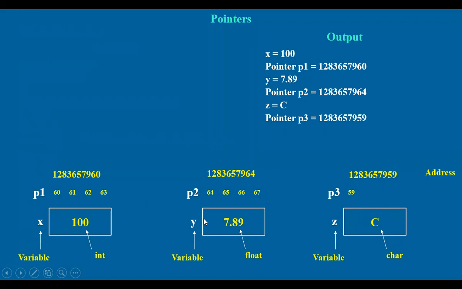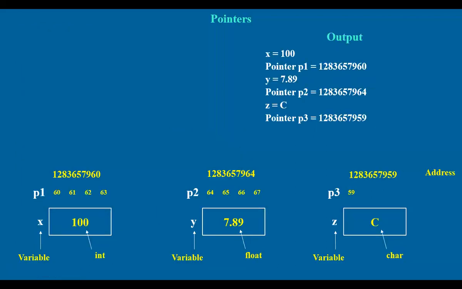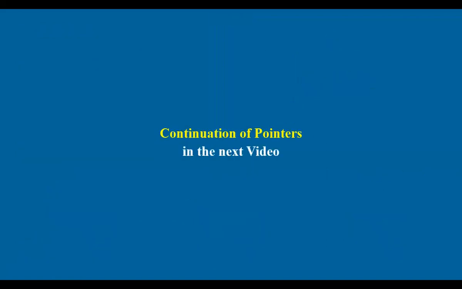So whether you declare them as integers or as float or character differently, it is not going to affect it. We can declare them like that. This is the way of declaring pointers. In continuation of these pointers, we'll explore further.